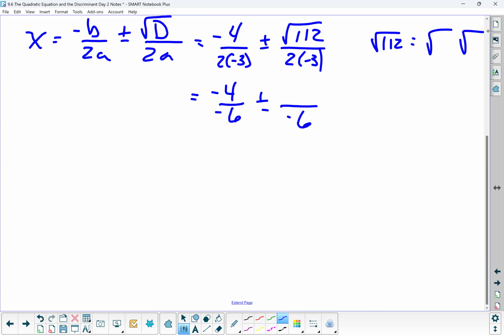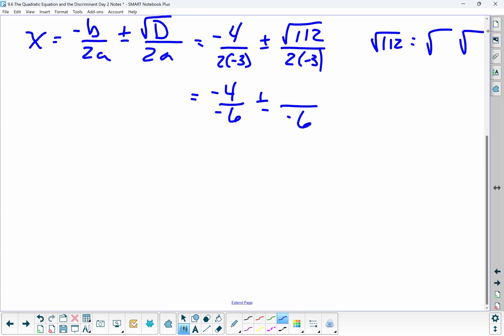Then 49. 49 does not divide evenly into 112. 36. 36 will not divide evenly into 112. 25 would be the next one. 25 does not divide evenly into 112.